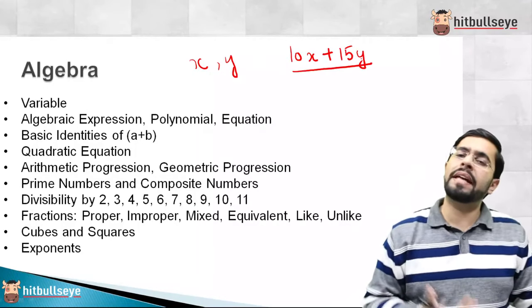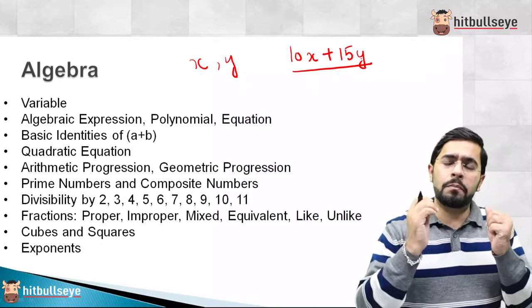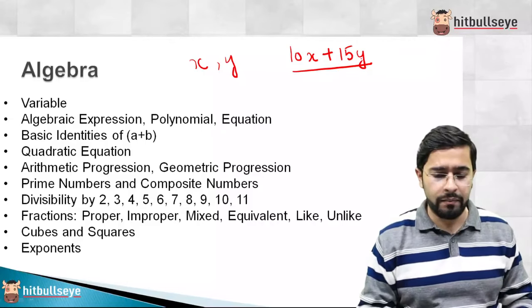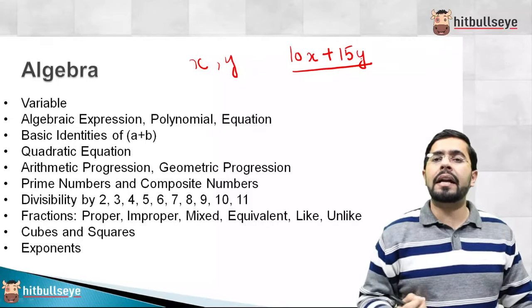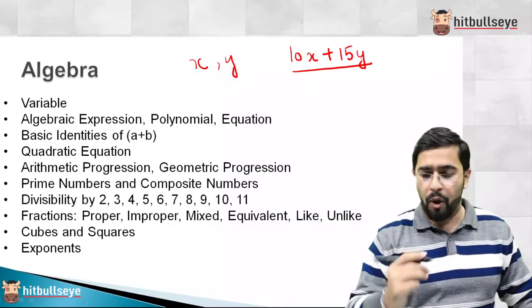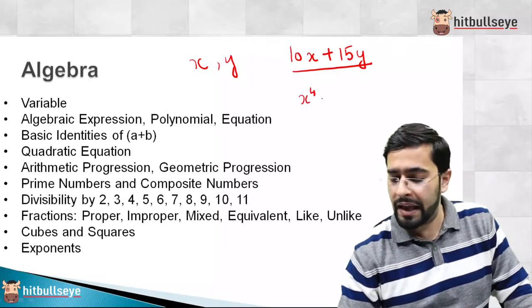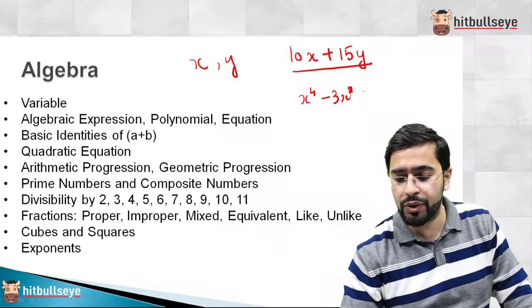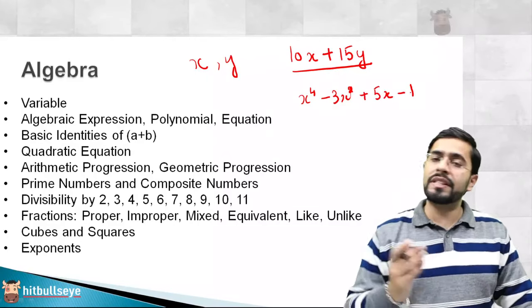So this can be an algebraic expression, a normal expression that can be expressed in the form of any variables. So polynomial, any algebraic expression that has more than two terms of any power is called a polynomial. For example, we can write it as x raised to power 4 minus 3x square plus 5x minus 1. So this is a polynomial.